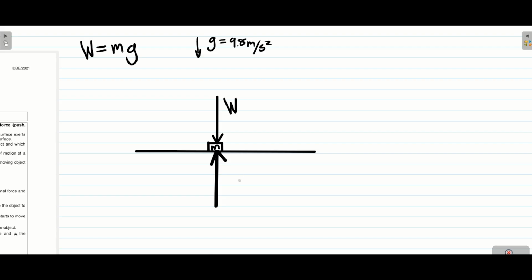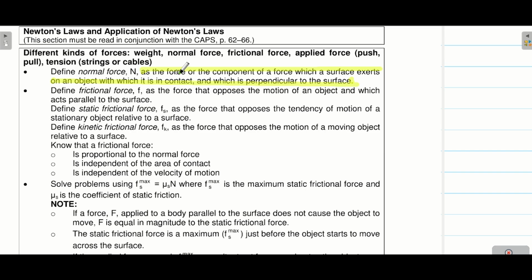And that opposing force in this case is N, the normal force. And it's defined as the force or the component of a force which the surface exerts on an object with which it is in contact and which is perpendicular to the surface.